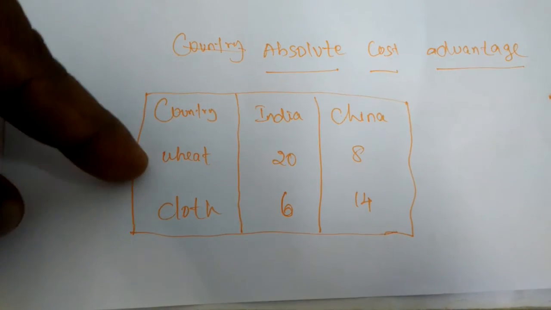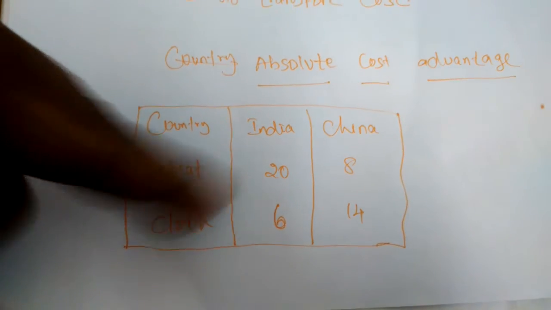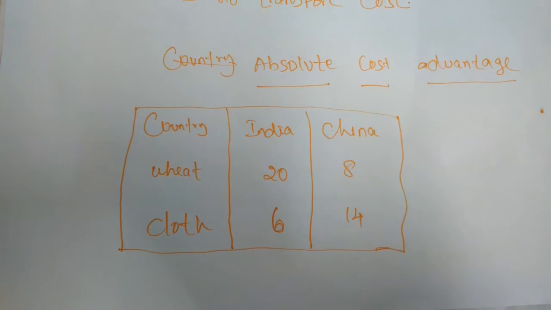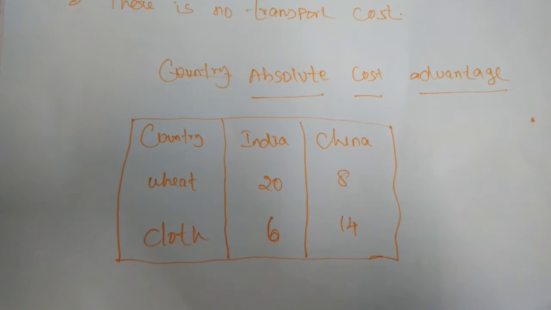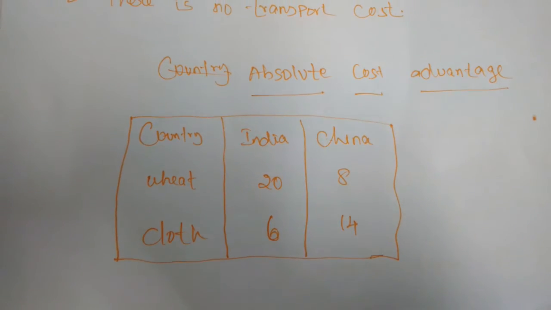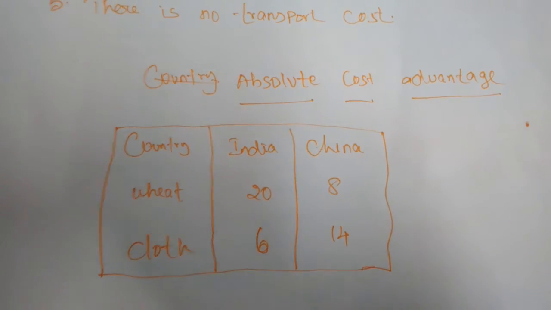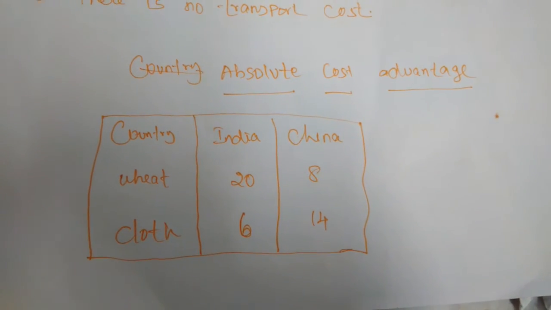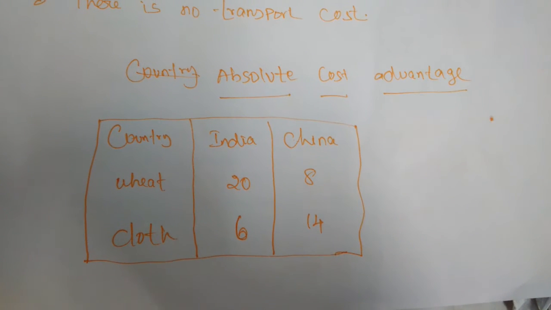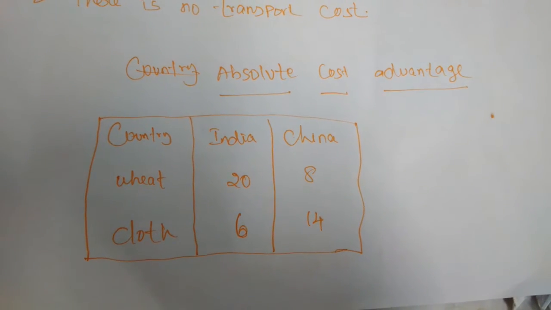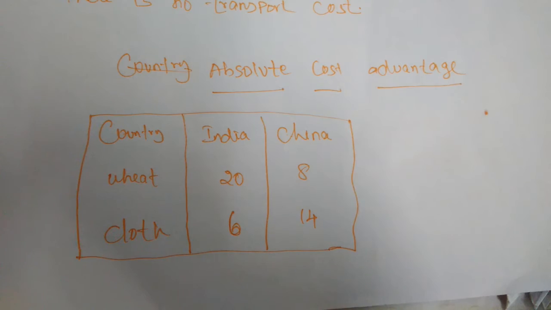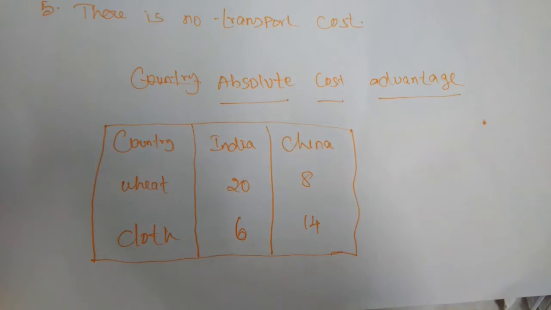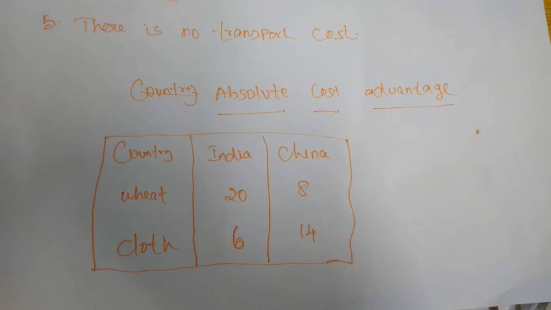When India produces wheat, India can produce 20 units of wheat per unit of labor, and China can produce 8 units of wheat per unit of labor.